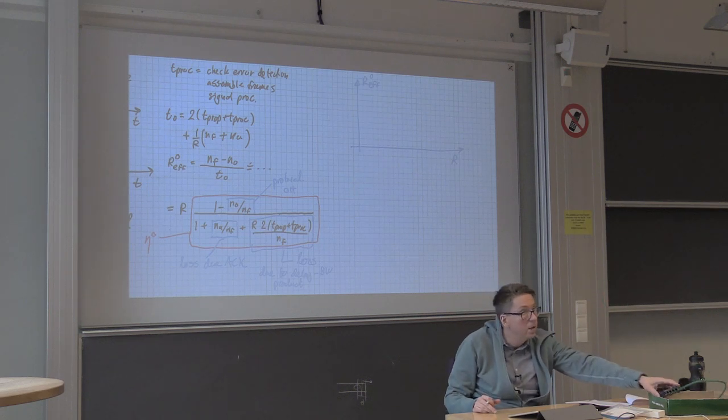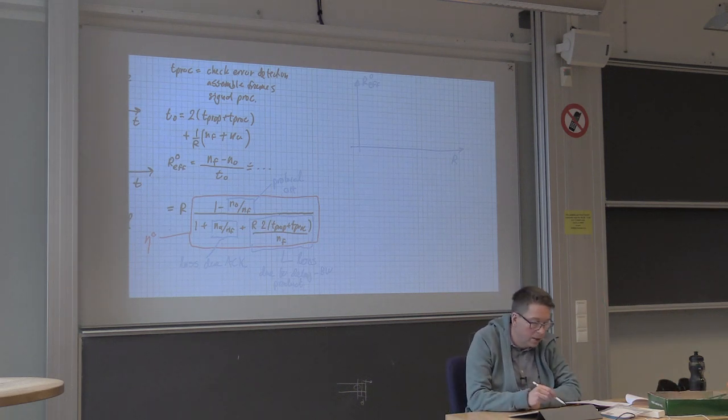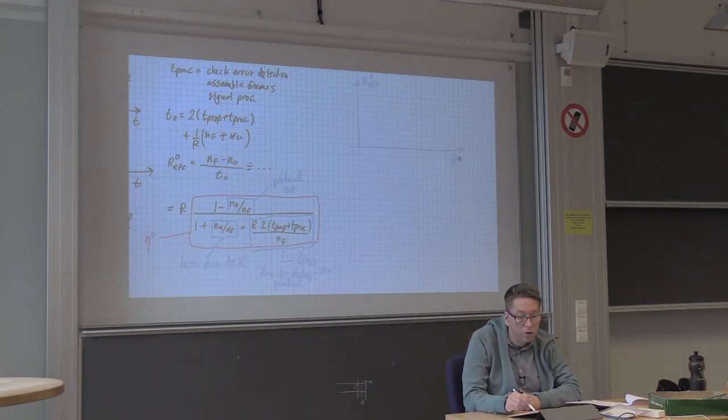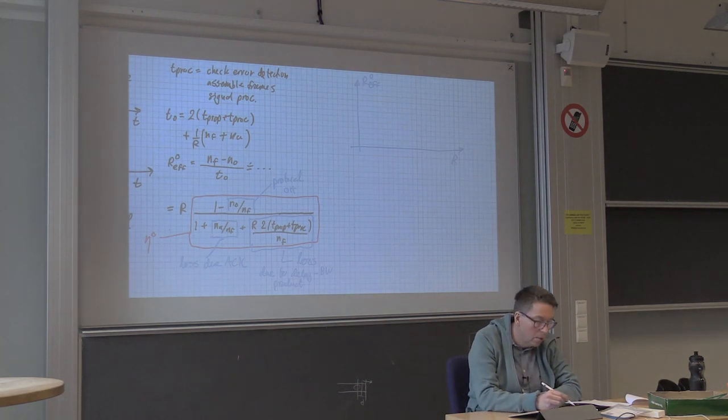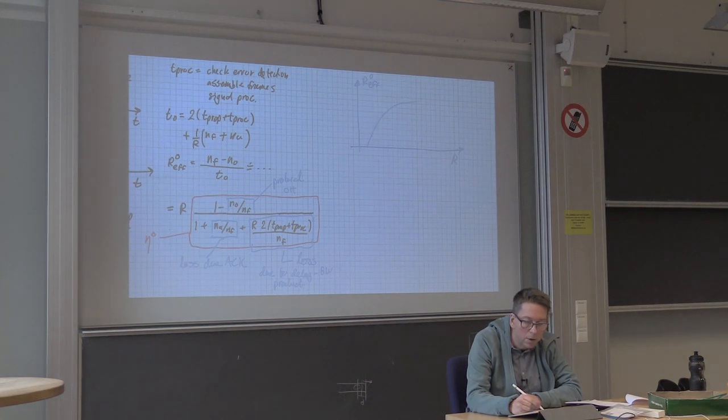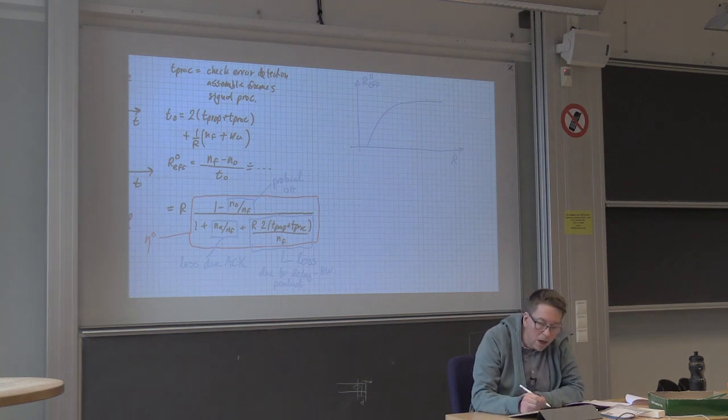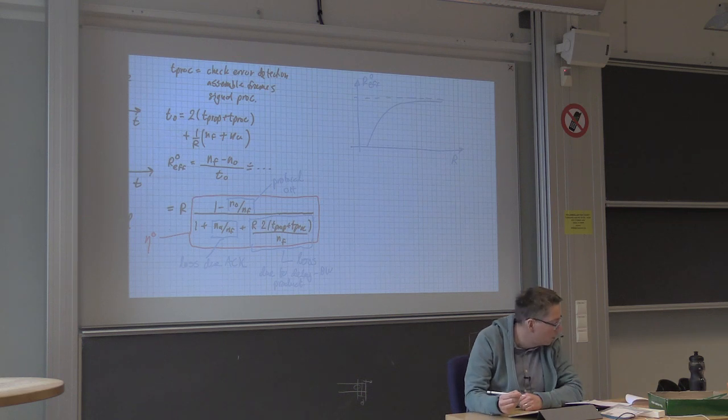So what do we expect that the effective rate then? It would increase as a function of R. That's what we expect. And actually, it's not difficult to show that it does, but then at some point, the gain is of diminishing returns. So it's flattening out at some maximum effective rate.